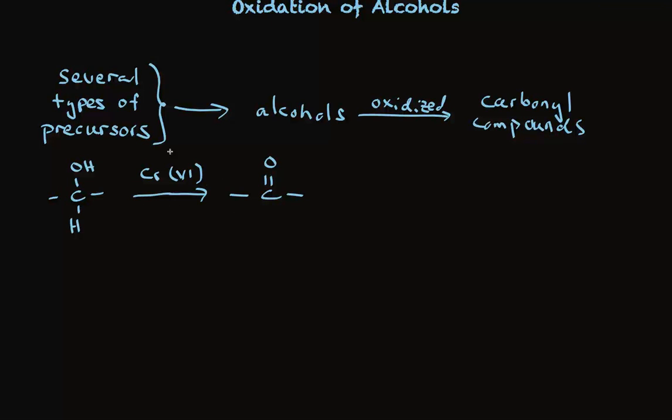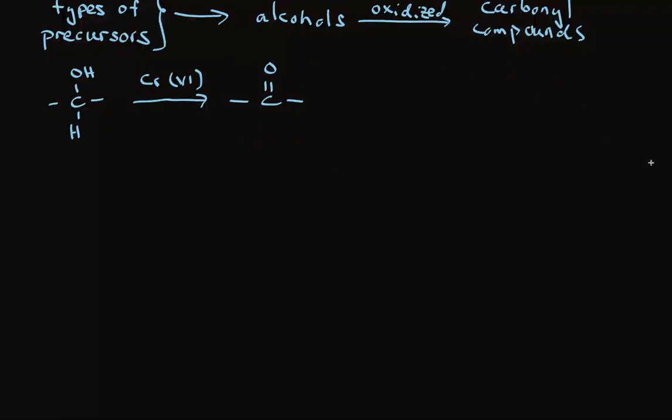The exact chromium reagent we choose and the exact alcohol we start with will determine which of several functional groups we make. So let's be specific, and I'll show you which alcohols can be oxidized to which functional groups using which reagents.